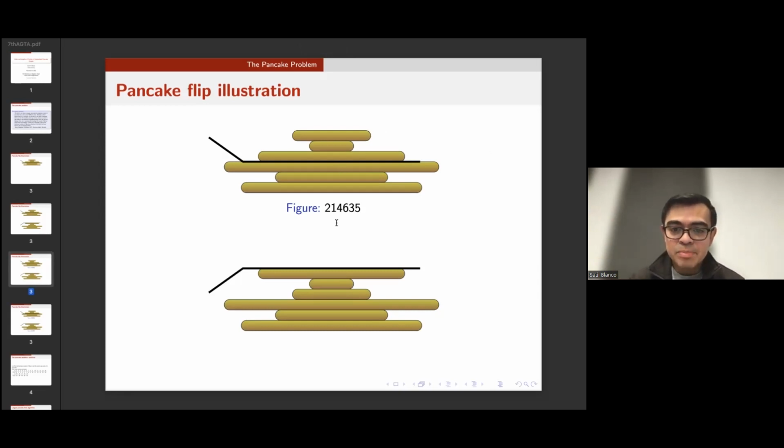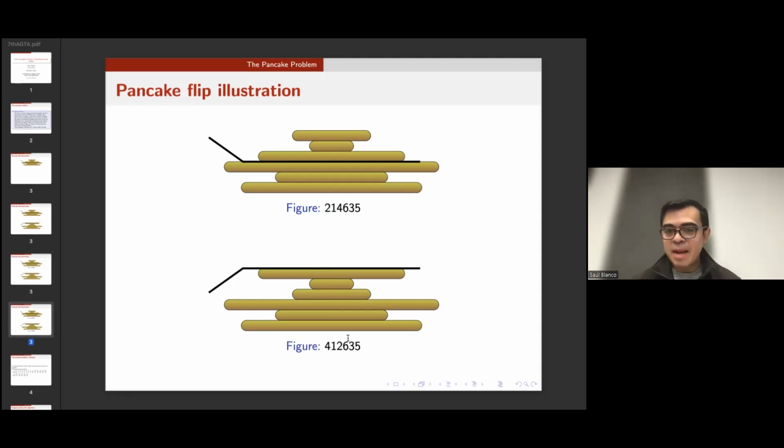In this particular case, you read from top to bottom: 2, 1, 4, 6, 3, 5. It represents the relative size of the pancakes as you look at the stack from top to bottom. And the result of flipping the first 3 pancakes is the same as reversing the first 3 characters in the permutation.